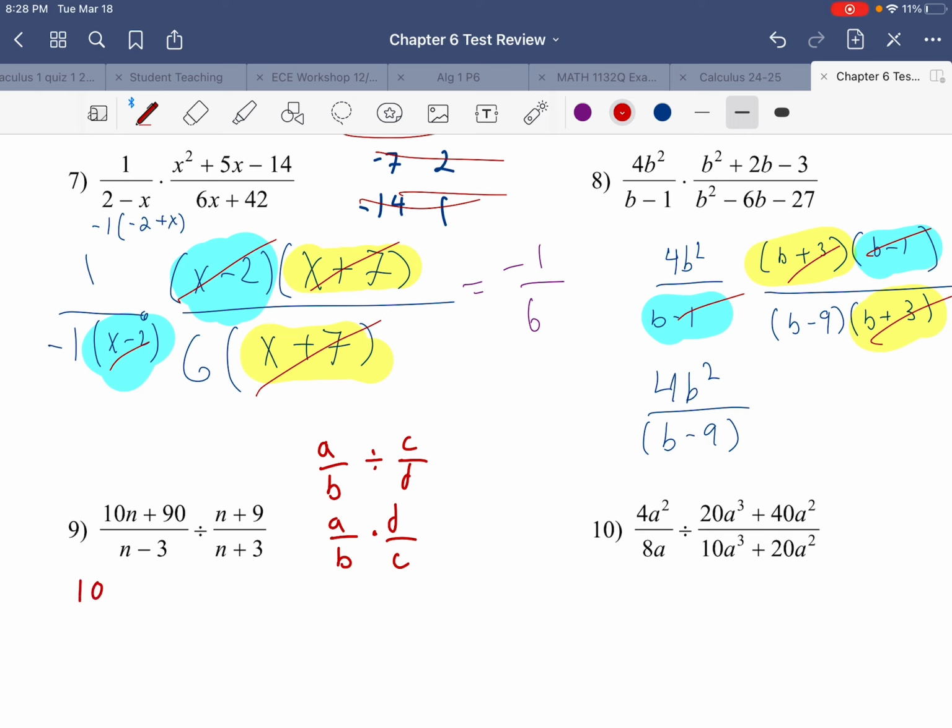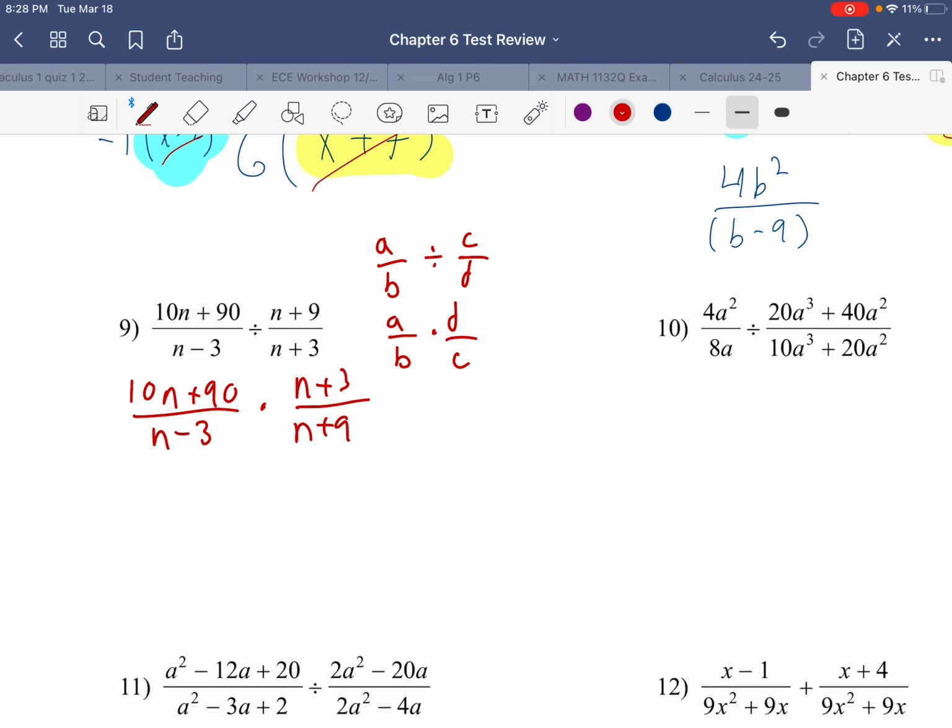So I'm going to rewrite this like 10n plus 90 over n minus 3 times n plus 3 over n plus 9. Factor out the 10, n plus 9 over n minus 3 times n plus 3 over n plus 9.